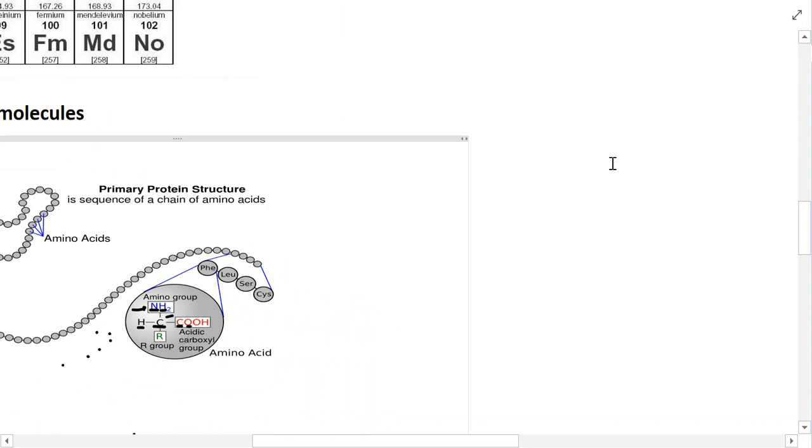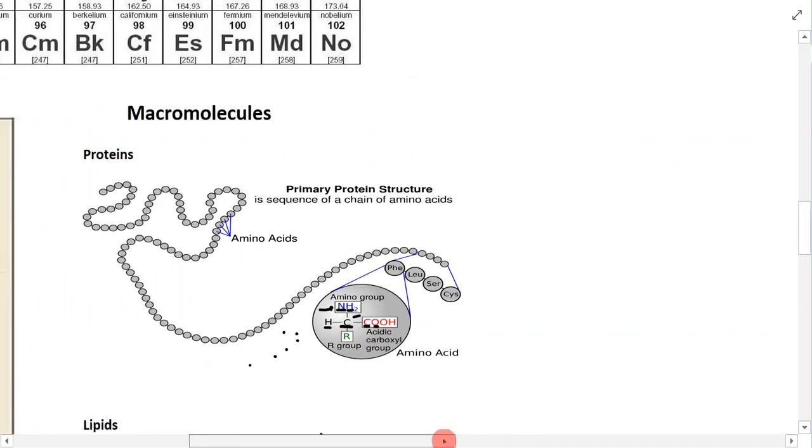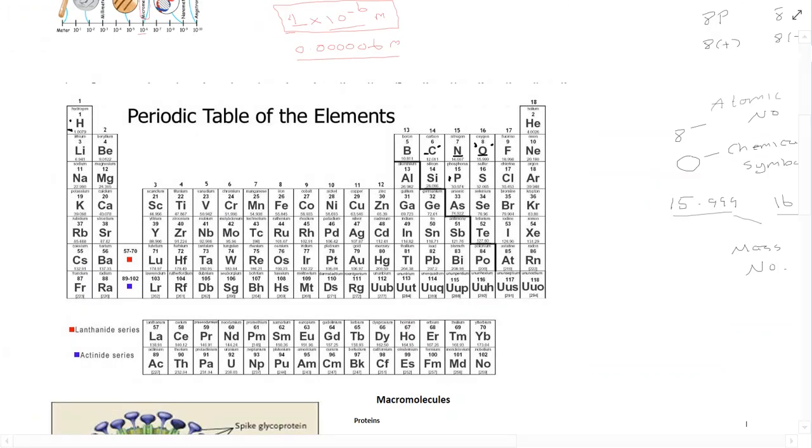For example, they have atoms of oxygen here, and each atom that makes up the proteins is represented on the periodic table of elements. That's what the periodic table of elements is all about. So oxygen is an atom that makes up the amino acids, which make up proteins, which make up part of the coronavirus.